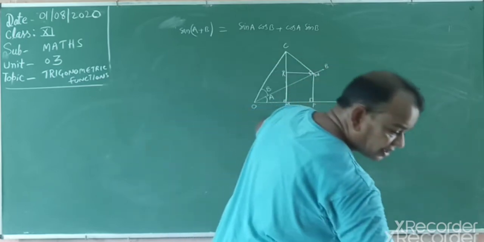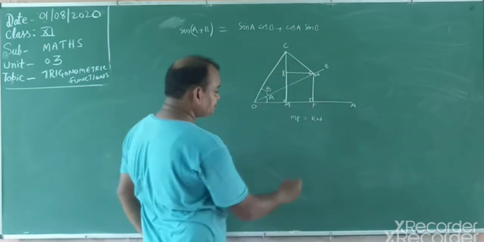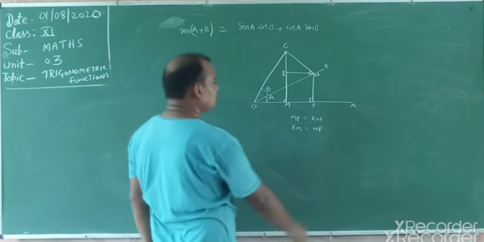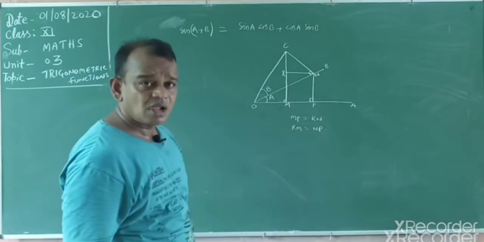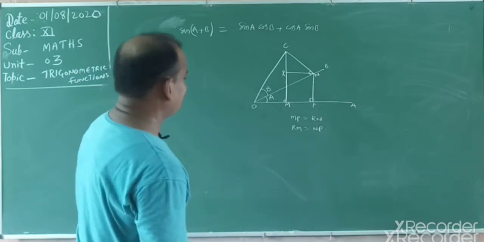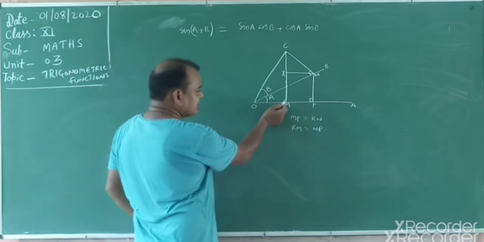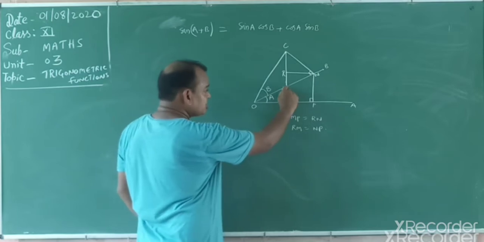Those two are parallel lines. Next, RM is equal to NP. Any doubt? No doubt at all. Now observe that this angle is A, this angle is 90 degrees. How much is this angle?